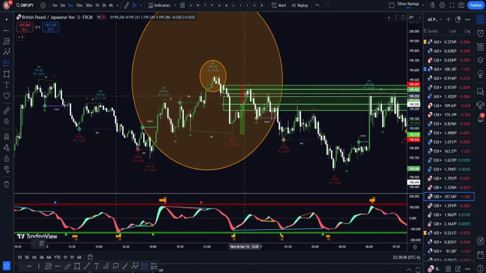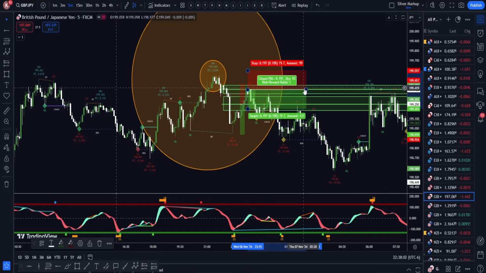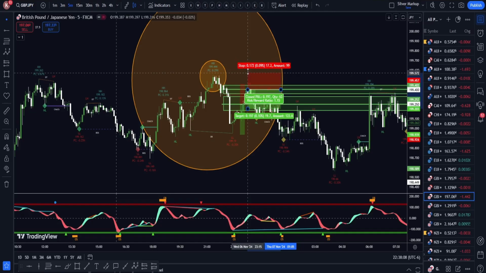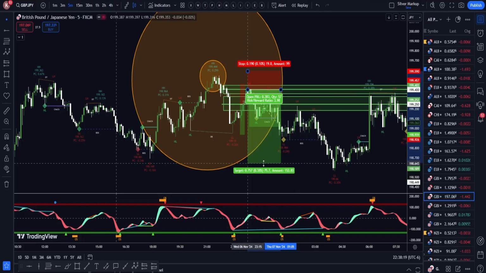This is what the order block entry would look like. I would place my trade here. I would have my stop loss above, so it'll still be almost 20 pips. And then now, going down to the lower low, I'm at a 2-to-1 reward to risk. Getting down further, I'm at a 3-to-1 reward to risk.